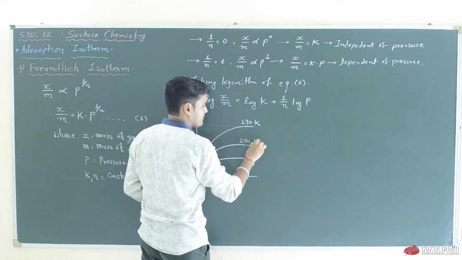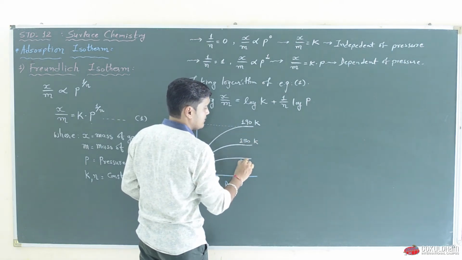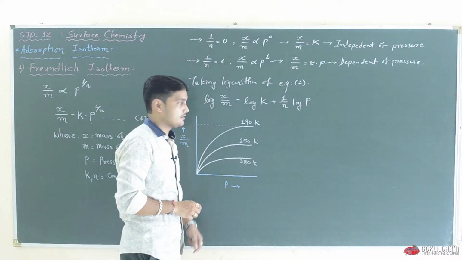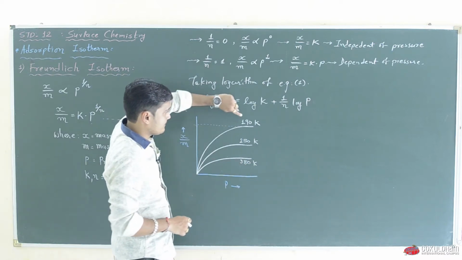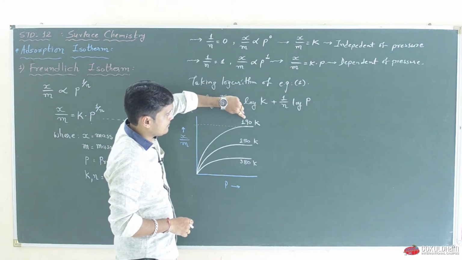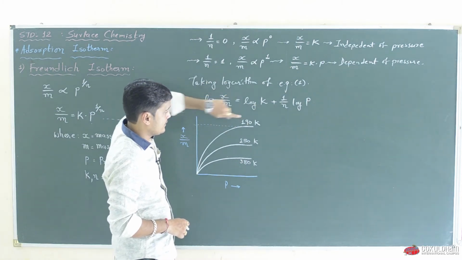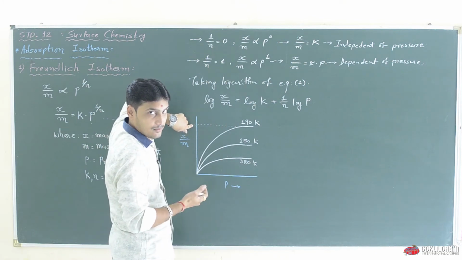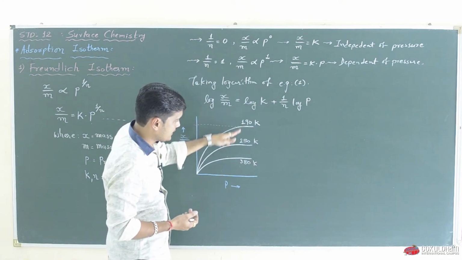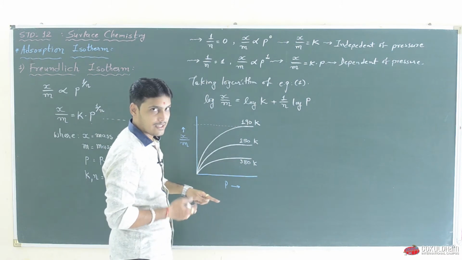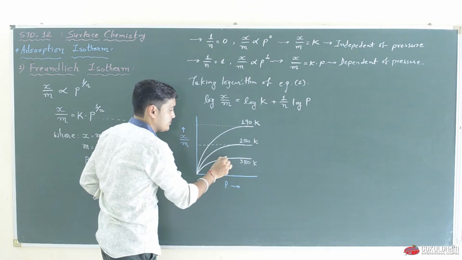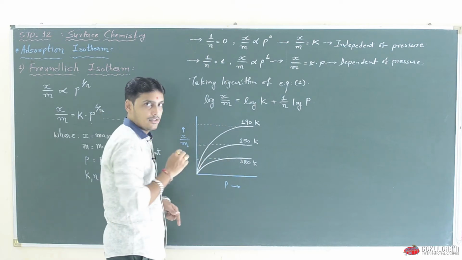After that you can show the increased temperatures. So at the lowest temperature, 190 Kelvin, the quantity of adsorption is maximum. When we increase the temperature, the quantity of adsorption decreases.